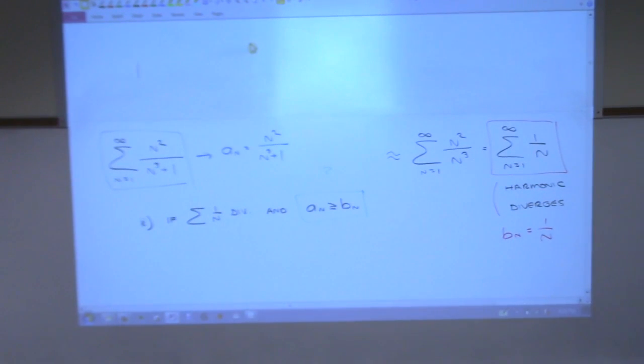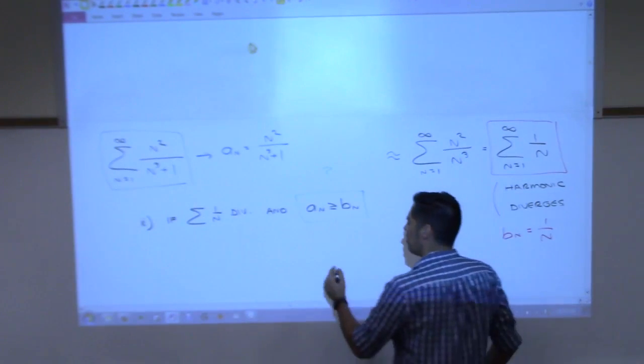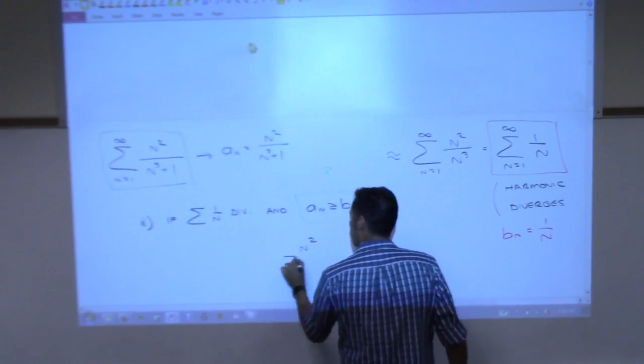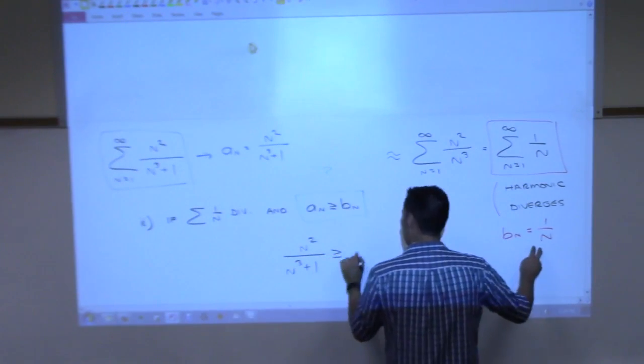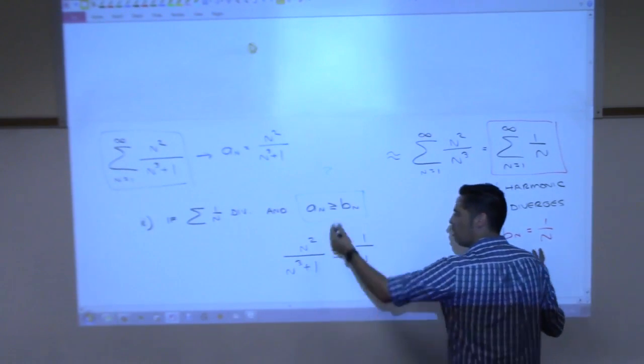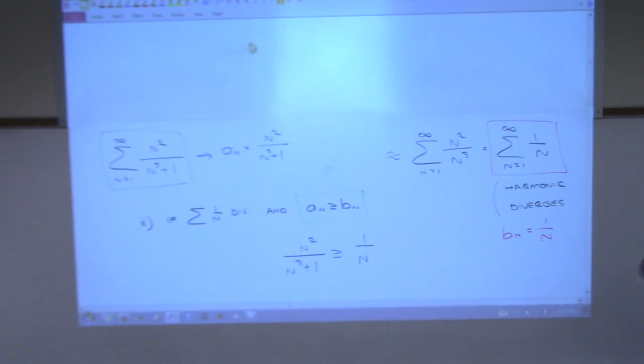If a sub n is greater than b sub n, we're in business. So let's write it down and see if it's true. Is n squared over n cubed plus 1 greater than or equal to 1 over n? Is that true? If it is, we're done.